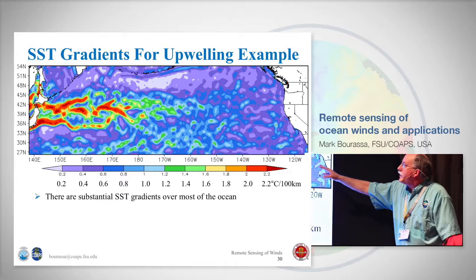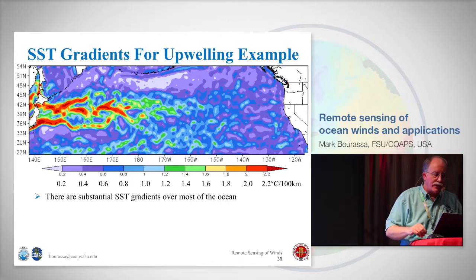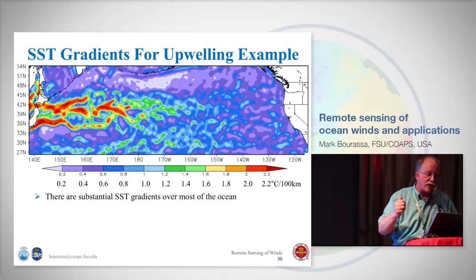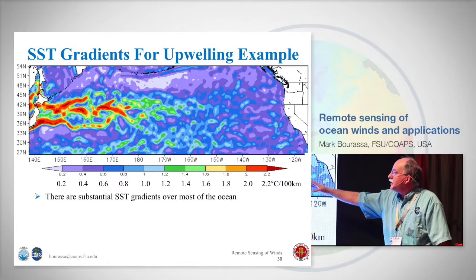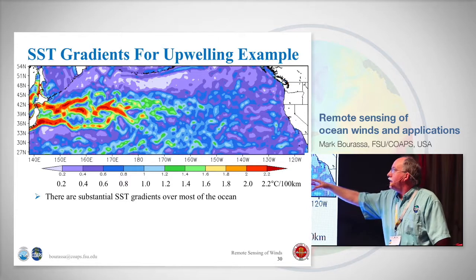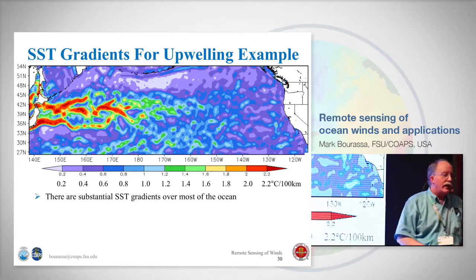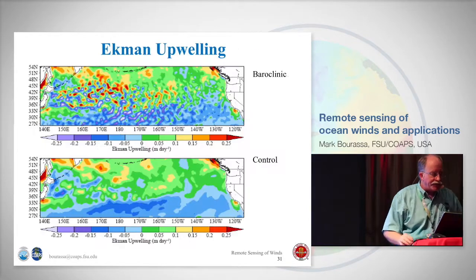But if you have this particular field of sea surface temperature gradients in the North Pacific, which is from the Reynolds OISST product, which is okay but noisy, you get some pretty substantial gradients. Now these are SSTs, but anywhere you get a gradient, which is all over the place, it doesn't have to be hot to have a gradient, you can get these effects.